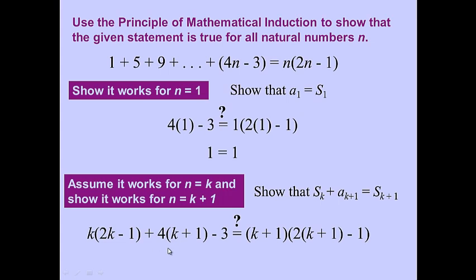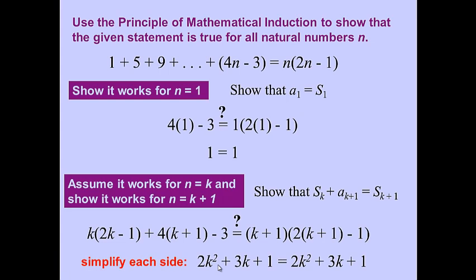Then I add the term in the k plus 1 position. So that means I put k plus 1 in for the term formula right here. And then I'm saying that should equal the sum of k plus 1 terms. So I'm going back to the sum formula over here, putting in k plus 1 for n here and here. Show algebraically that these two sides are equivalent, and I'm done.